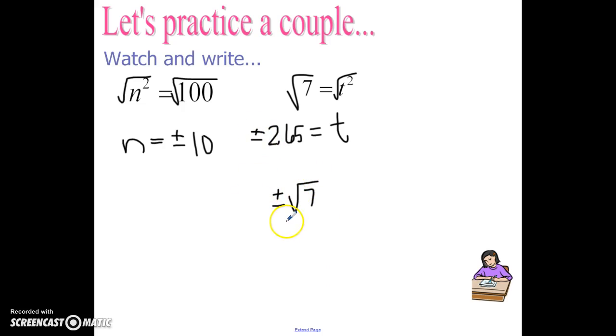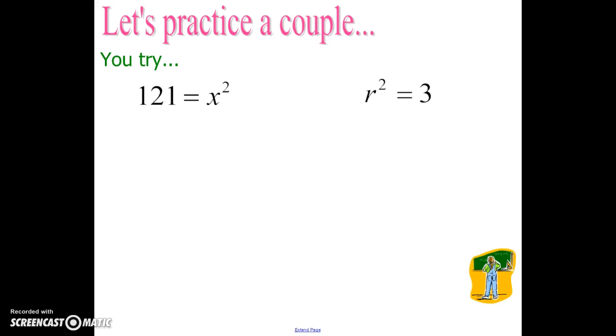That's another way you might see it. So it might be just left as the square root rather than as a decimal. So using those two as examples, you're going to do those two. We're going to look at them when you get back to class on Monday.